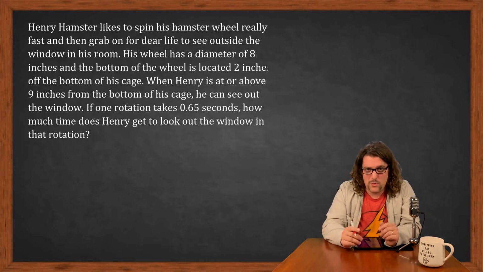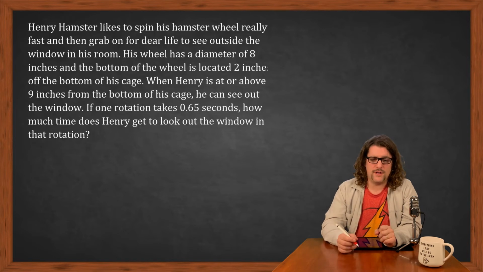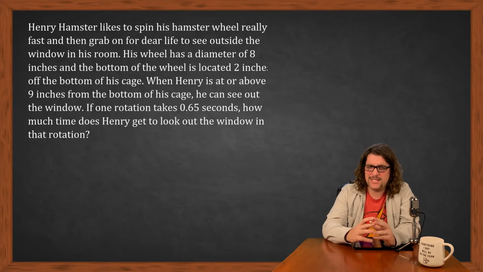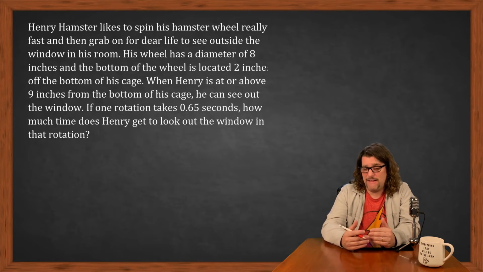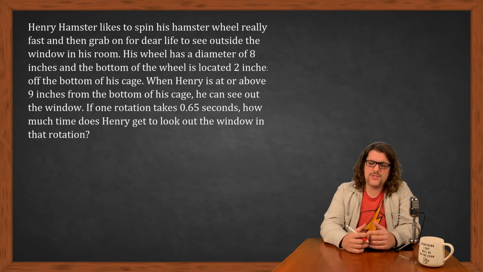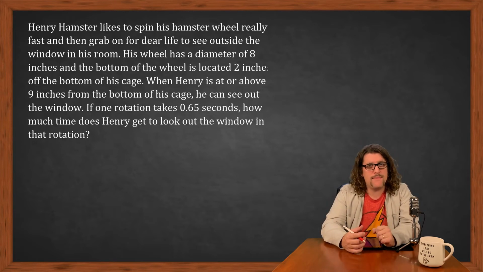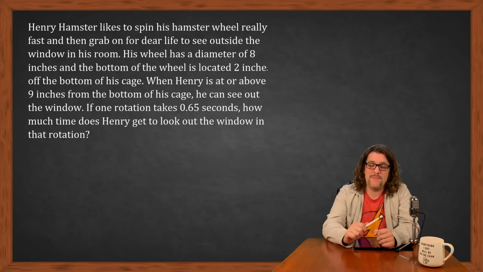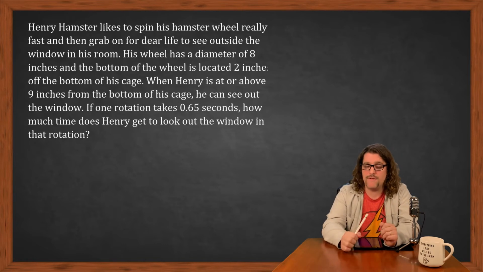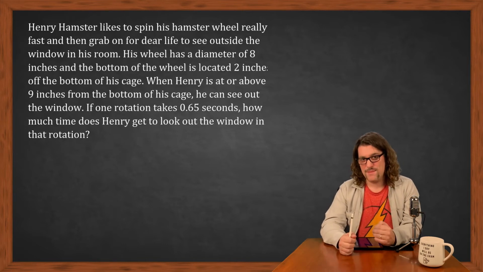Okay, so we're going to set up a sine or a cosine function here. Now, it doesn't actually say whether this hamster is starting at the bottom at time equal to 0 or not. I'm going to assume that he is, but it doesn't really matter, because whether it's a sine or a cosine function, the amount of time that he spends up at the top is going to be identical in either case.